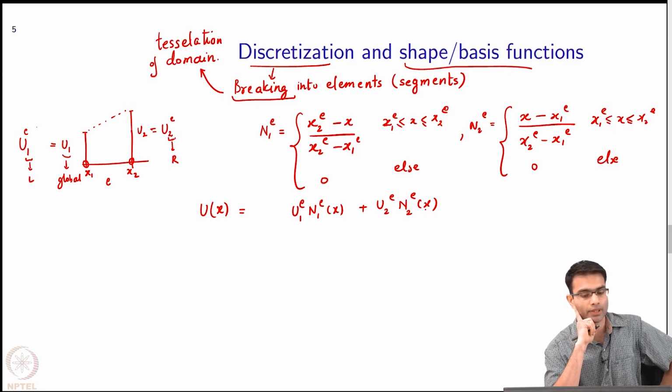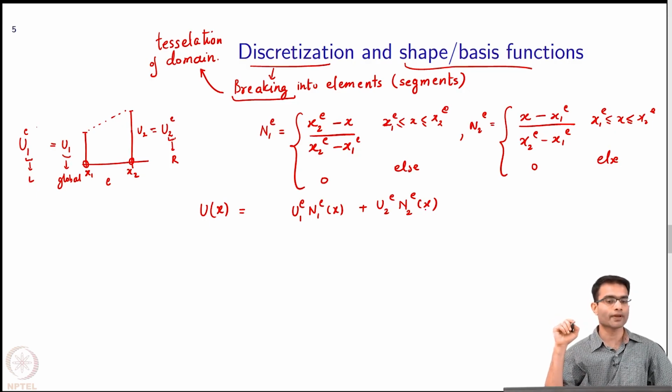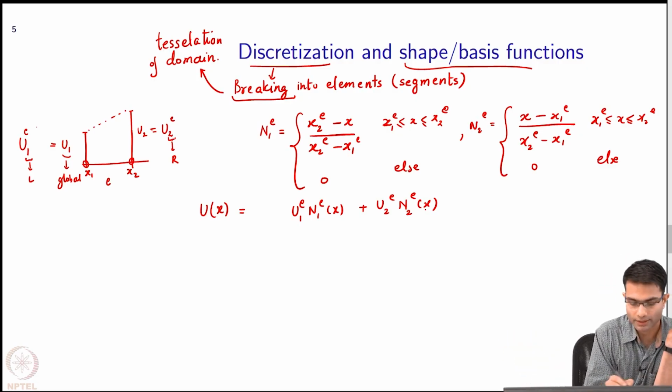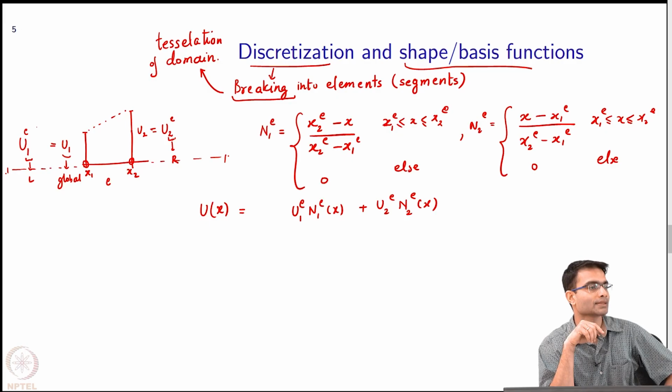But now let's pay a little bit of attention. The left hand side is u of x over what? The entire domain, right. So this entire domain which is existing all the way from, let's say, here to here. The term on the right hand side is non-zero in the Eth segment.